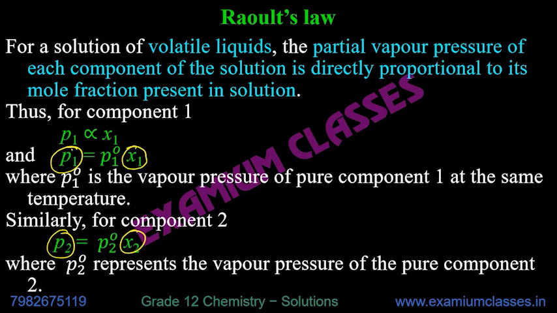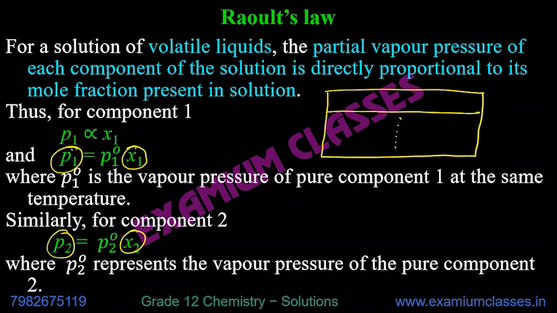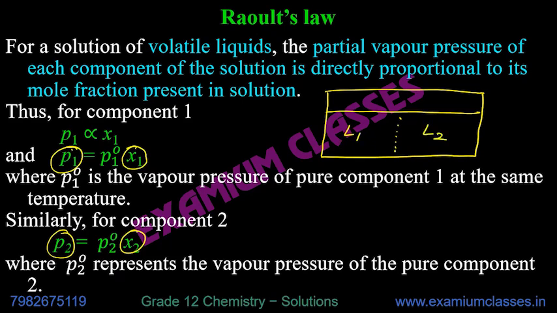To understand it diagrammatically, you have one container and you have two liquids, liquid 1, liquid 2. These are mixed. I am showing these separate, but these are mixed. So there will be some vapor pressure here, P1 and P2, due to both because these are volatile.